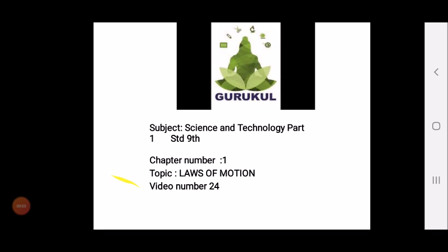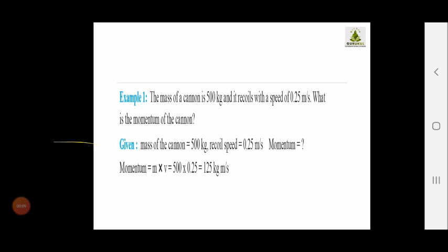Students, now we are going to move towards the next video, and here we are going to study solved examples. First solved example: the mass of a cannon is 500 kg and it recoils with a speed of 0.25 meter per second. What is the momentum of the cannon? So here we have the mass of the cannon, that is 500 kg, and the recoil speed is 0.25.